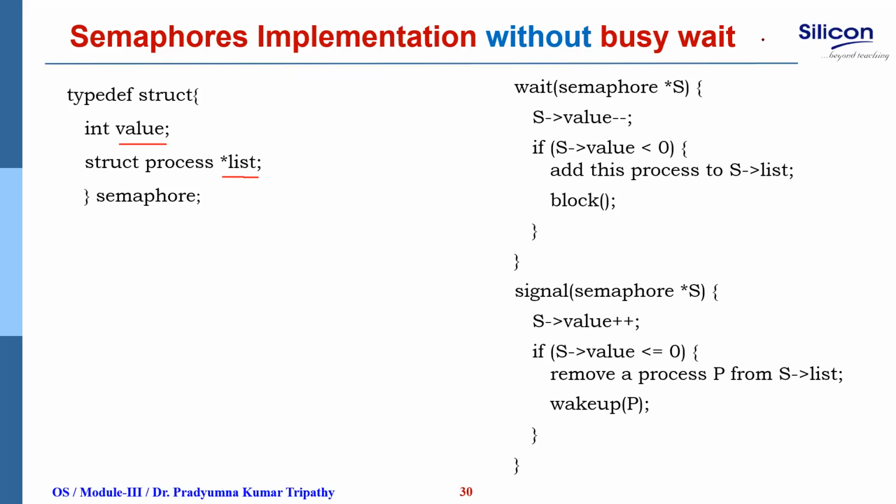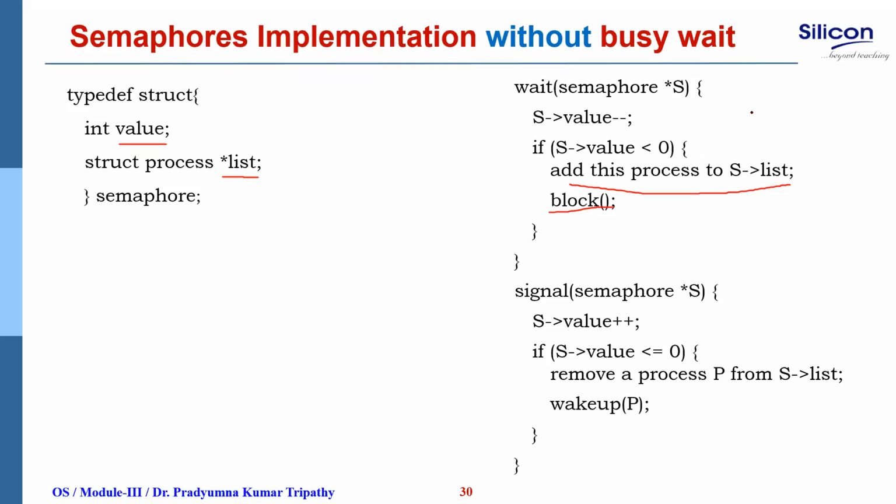If it is less than 0, that means it is negative, and it is waiting. If it is 0, it will enter. If it is a negative value, we'll add the process to the linked list and invoke block, and those processes will be blocked. Is it understood?